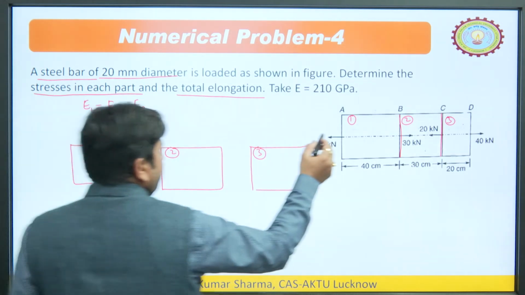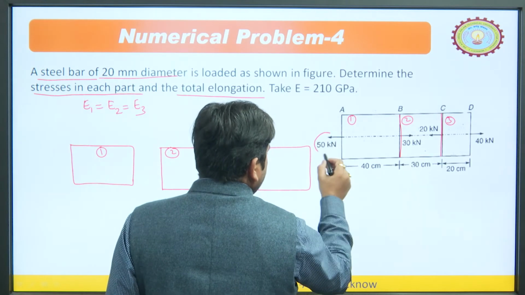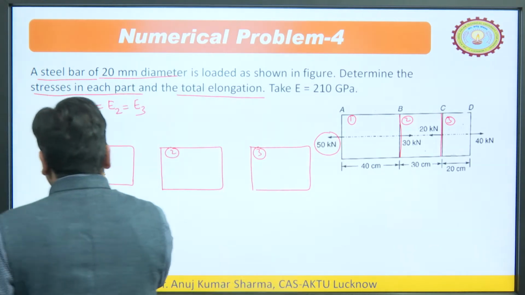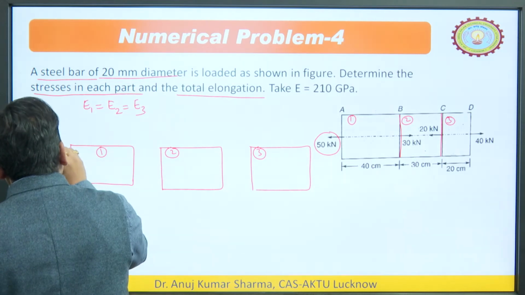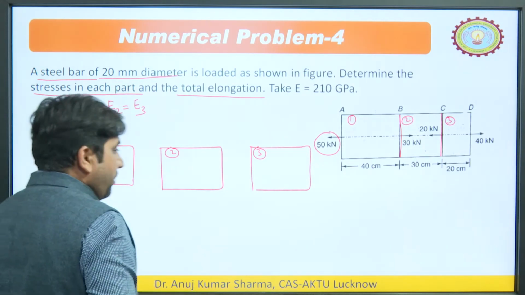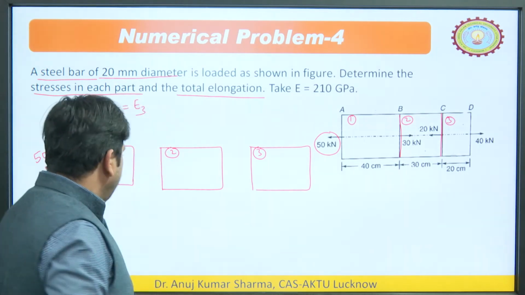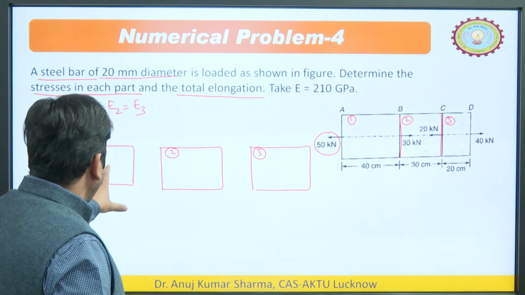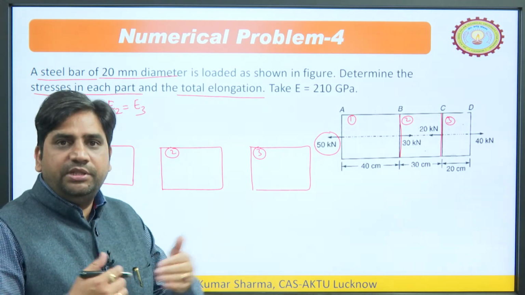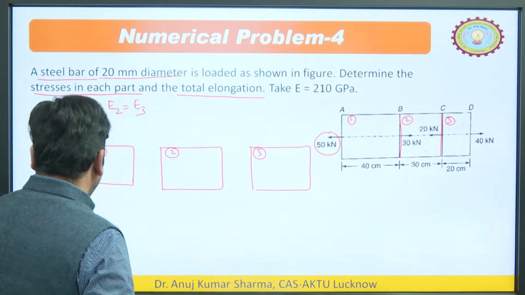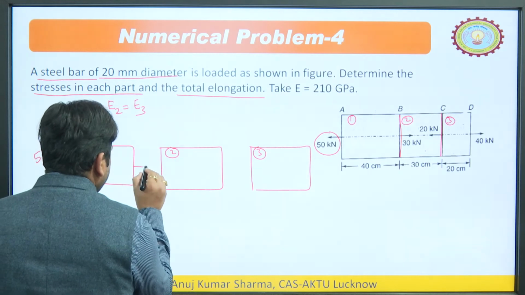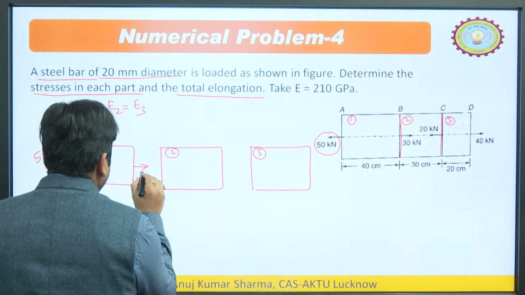For block number 1, what is the force on the left hand side? It is 50 kilonewton. So, draw the force here, it is 50 kilonewton. Now, I am pretty sure that for the rod to be in equilibrium in the x direction, whatever forces you are getting on the left hand section, the same force you should apply on the right section.